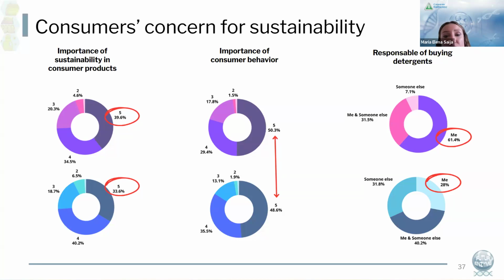I also want to mention that our sample was mainly responsible for purchasing the detergent. This is very important because it means that the results of our study were valuable. Next slide, please.